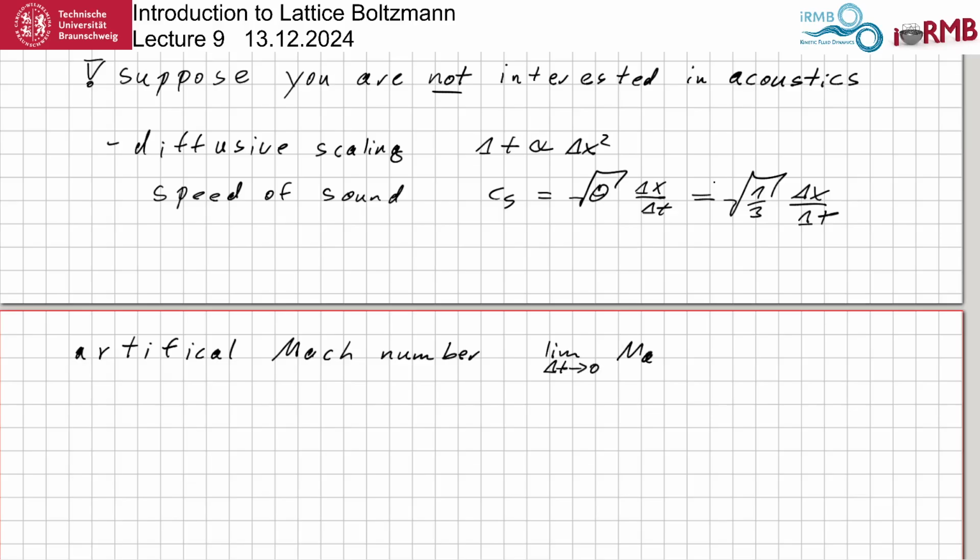Mach is the limit of delta T to 0 of U divided by Cs. This will then go to 0. So in acoustic scaling, if you make your time step smaller, then automatically your Mach number goes to 0.